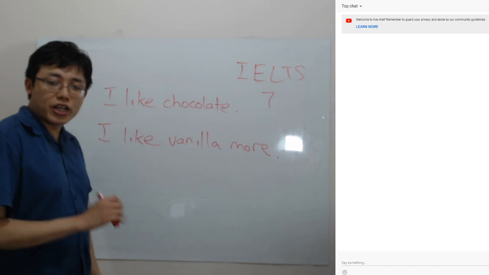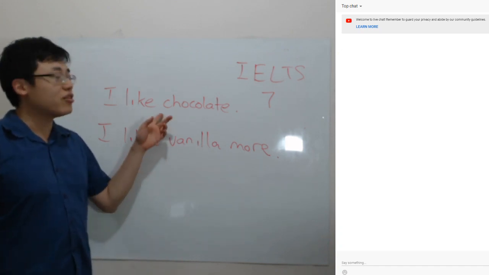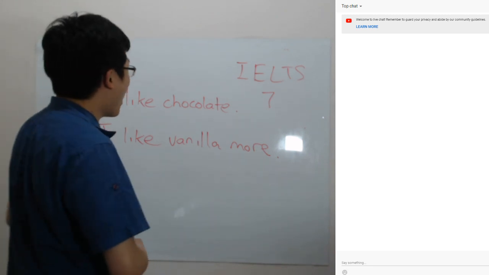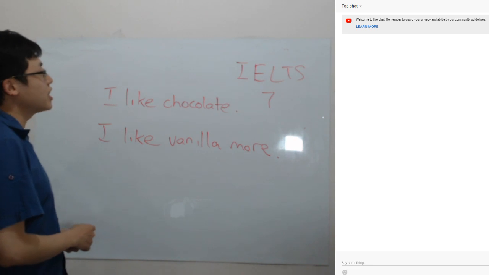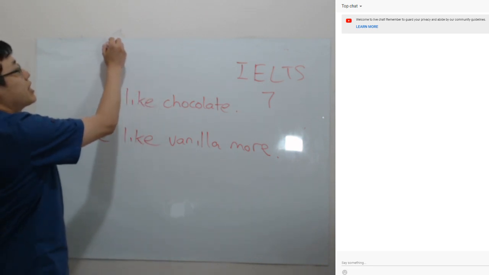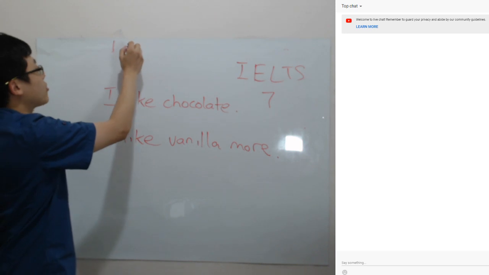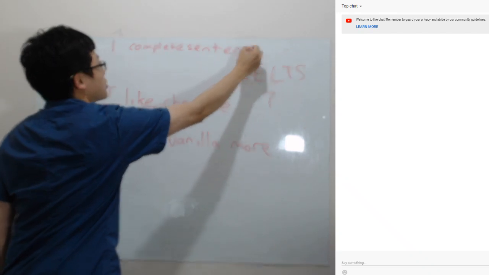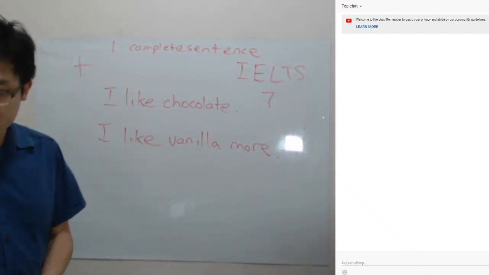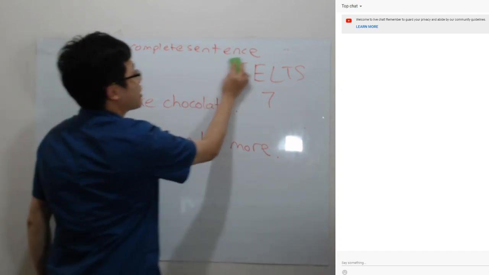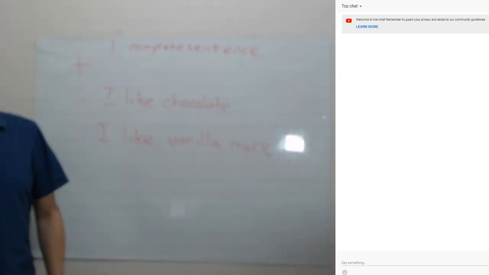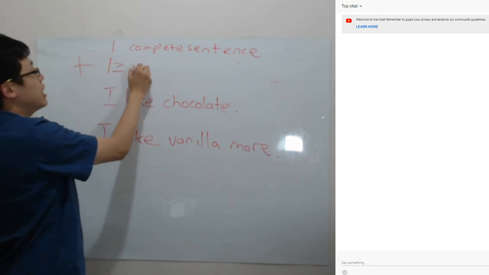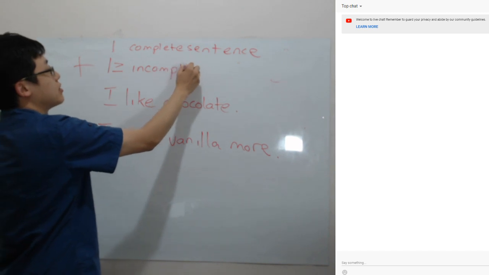So I'm going to give you the definition of a complex sentence so you understand why these are not complex. The reason why these are not complex is because complex sentences must have one independent clause or one complete sentence. In addition to the one complete sentence, they need to have one or more dependent or incomplete sentences.